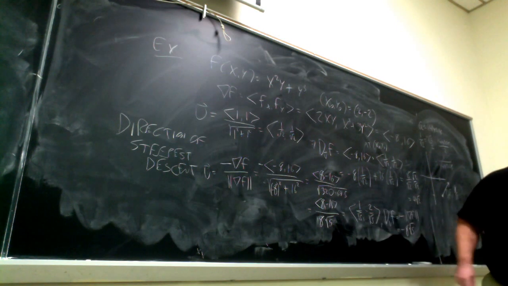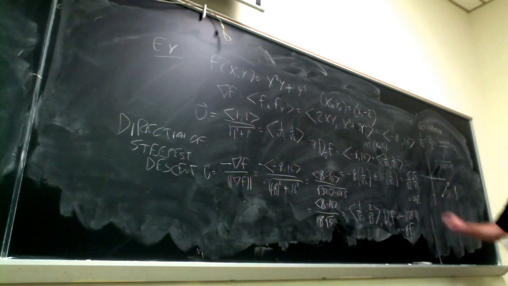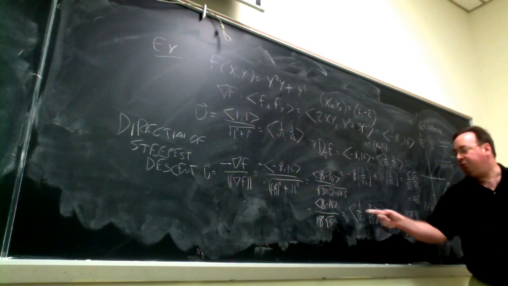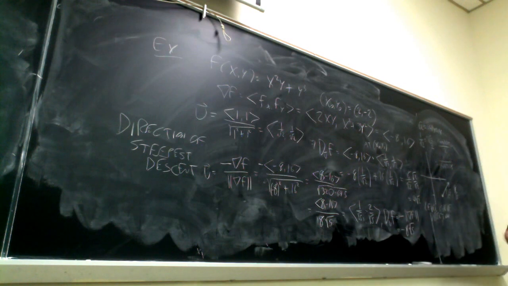So what we can do then is swap these two components and then negate one of them. Well, right now we have opposite signs, so we're going to have the same sign. So u is going to be plus or minus 2 over square root of 5, 1 over square root of 5.